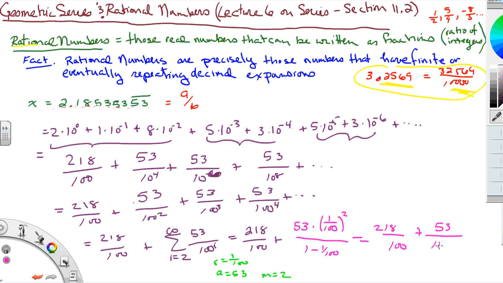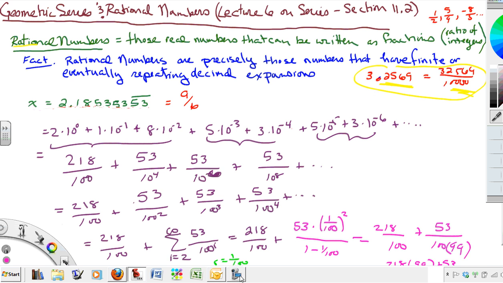The 100 is left, and when I bring the other 100 through, I get 100 minus 1, which is 99, which can be rewritten as 218 times 99 plus 53 over 100 times 99.